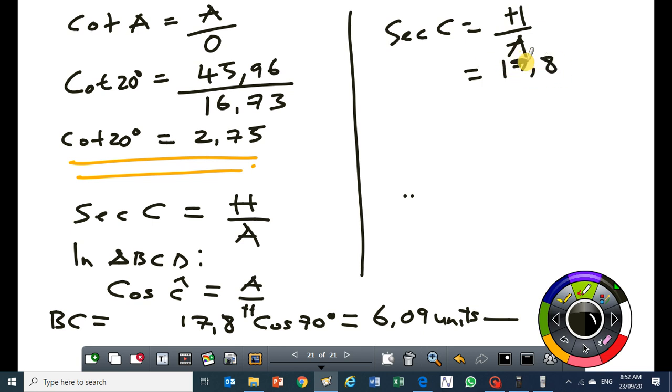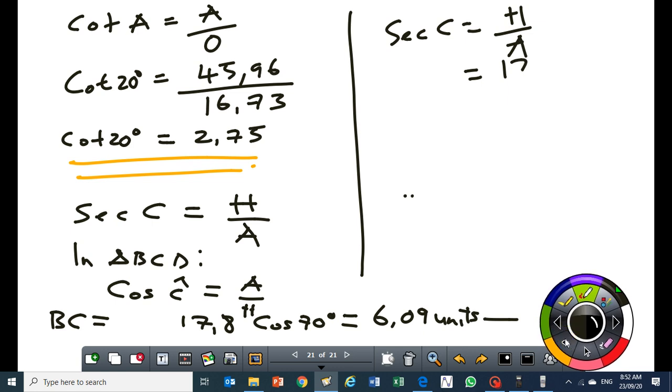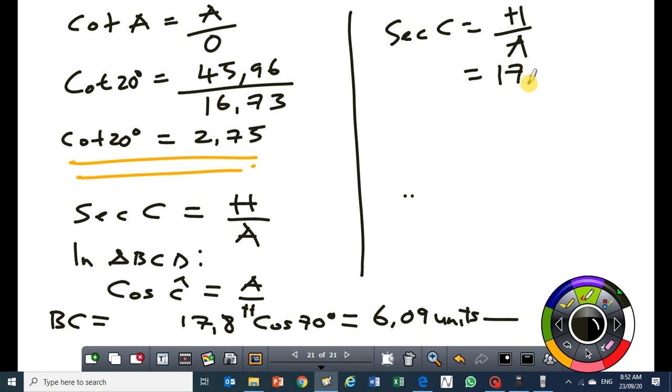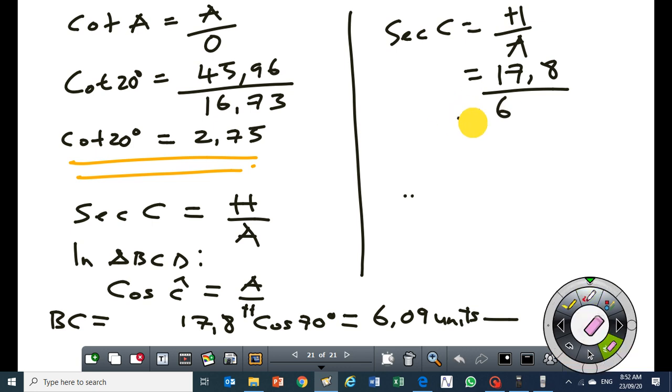So it becomes 17,8 divided by 6,09. So that's sec 70.